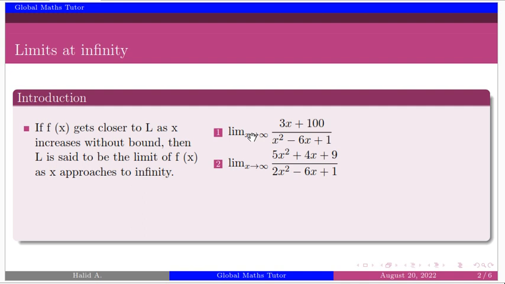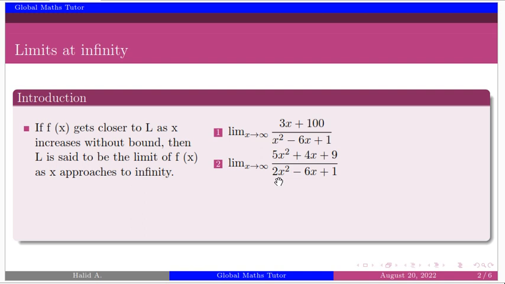In the first case, the denominator is x squared, so as x becomes larger and larger, this will vanish to 0, since x squared grows faster than the numerator. Thus the whole expression approaches 0 as x approaches infinity.